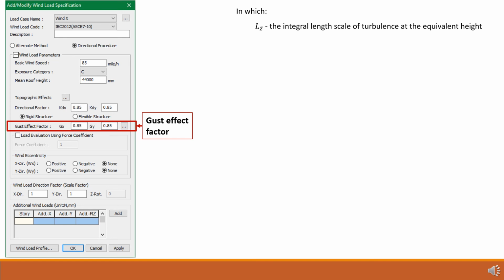The integral length scale of turbulence at the equivalent height.